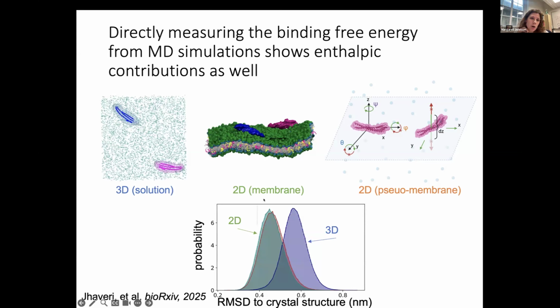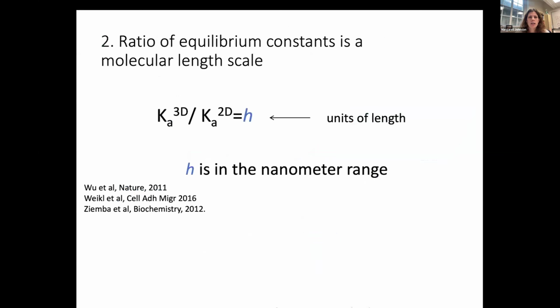Basically the free energy was much lower than if it was purely entropic. And what we were able to show is that when you're on the membrane, you actually slightly change your ensemble of configurations, not just rigid body, but literally the backbone conformations. And so that's what I'm measuring here. Both of the 2D structures were actually better at maintaining this compact structure that formed a very stable dimer.